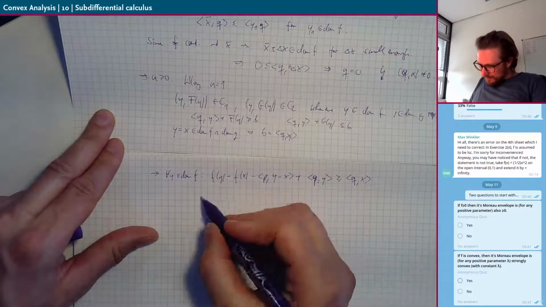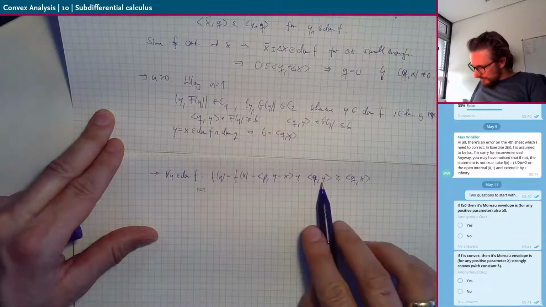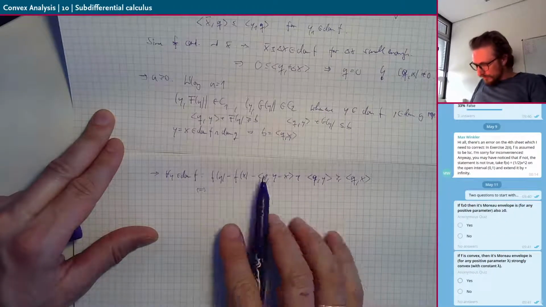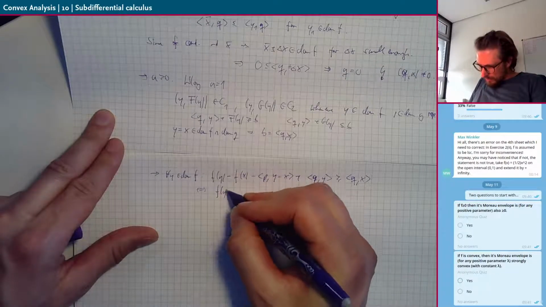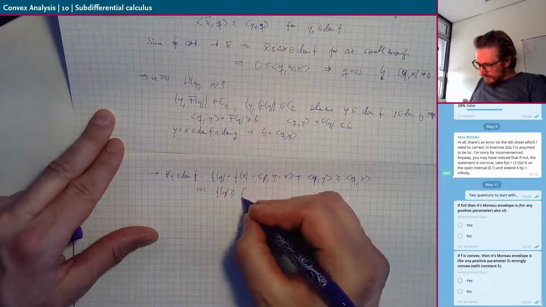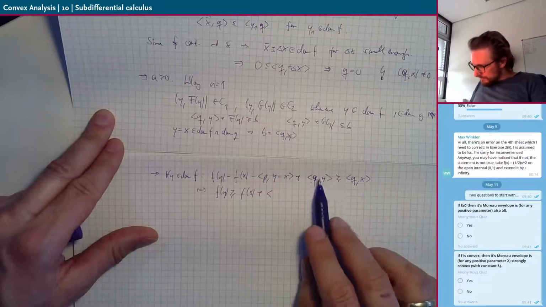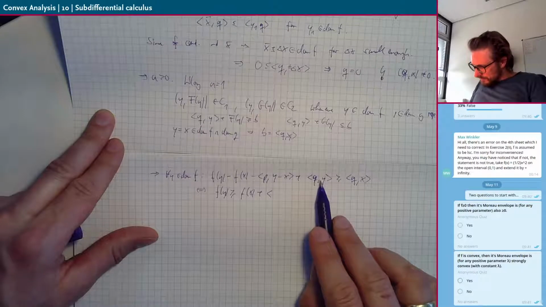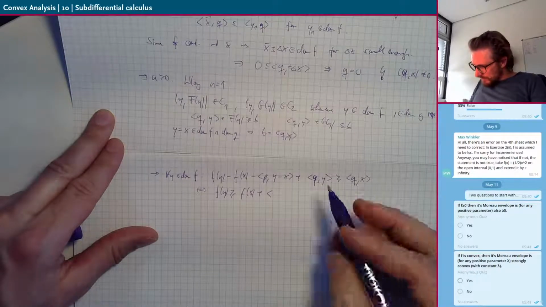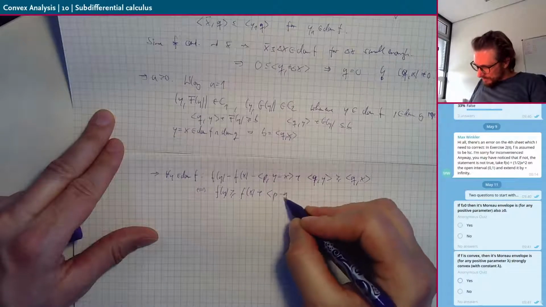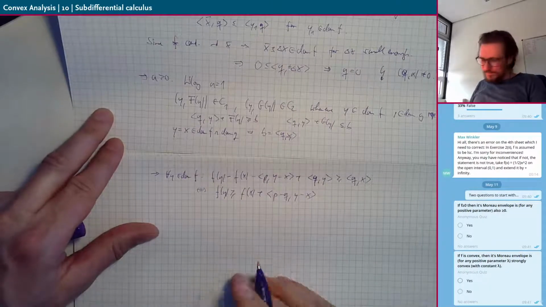So this inequality is the same as, you bring all these things to the right hand side and see f of y larger equal f of x plus, and then we get here, if this goes there, q times x minus y, flip the sign, you get p minus q times x minus y, like that.